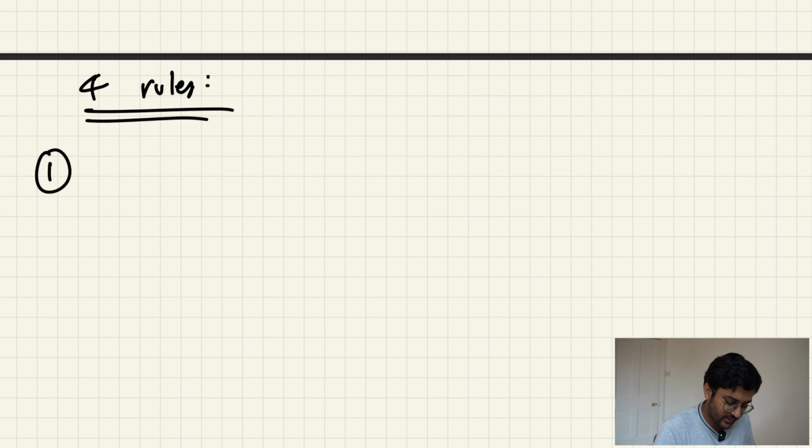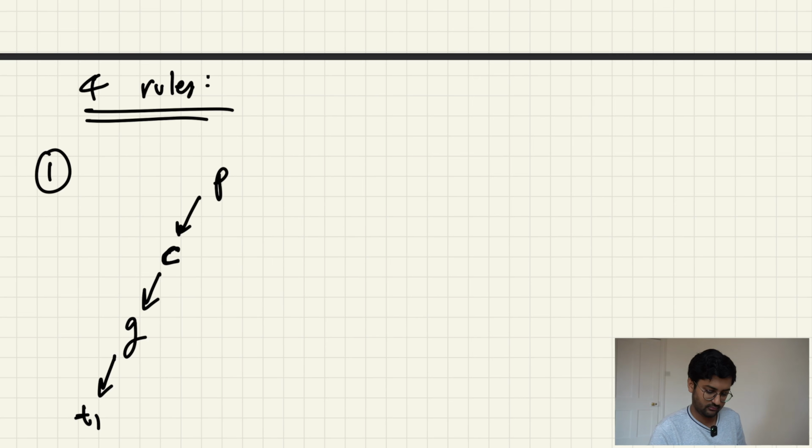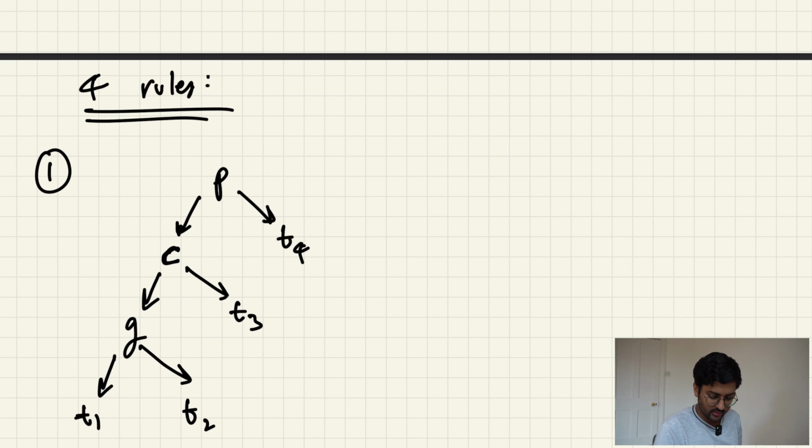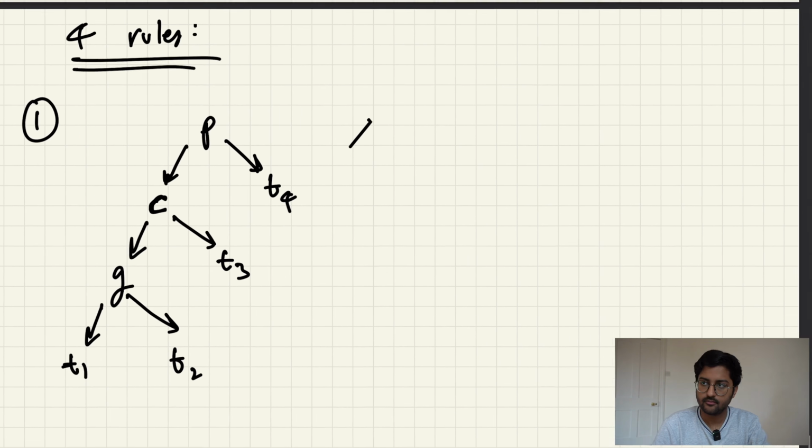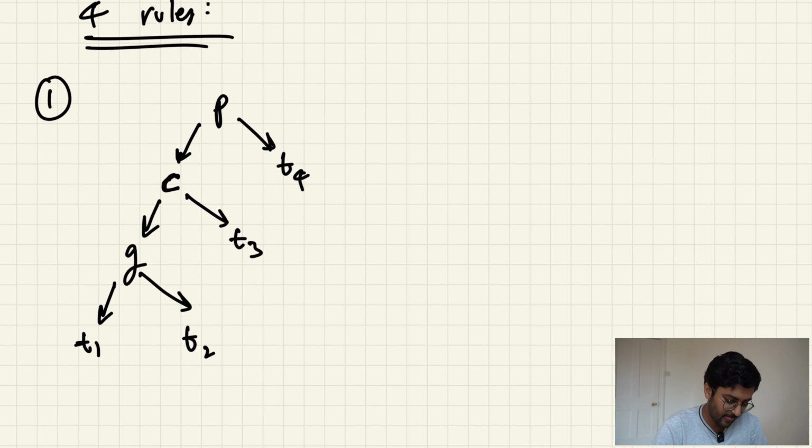In the previous example, let's say we had a parent over here, and a child over here, and that child has a grandchild over here, G. Then this has tree 1, tree 2, tree 3 and tree 4. Let's say you have a situation like this. There are only 4 rules possible.